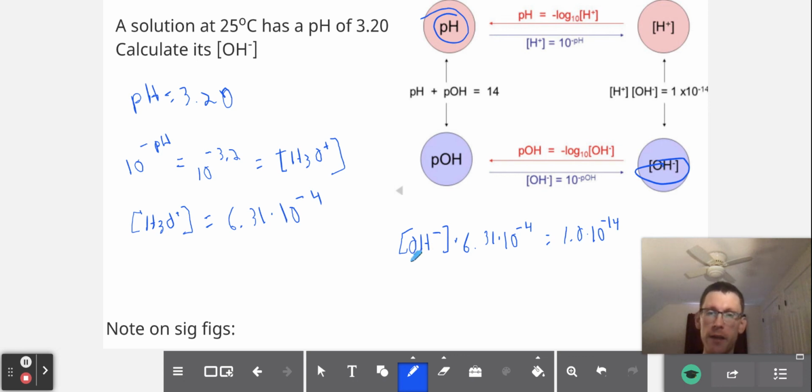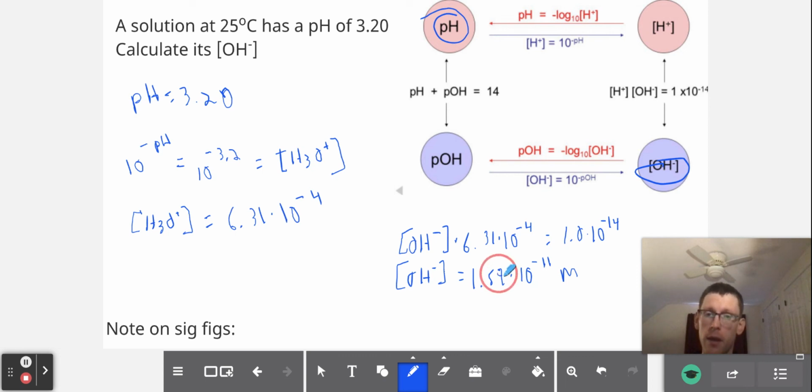And what we find is that OH minus is equal to 1.59 times 10 to the negative 11th molar.